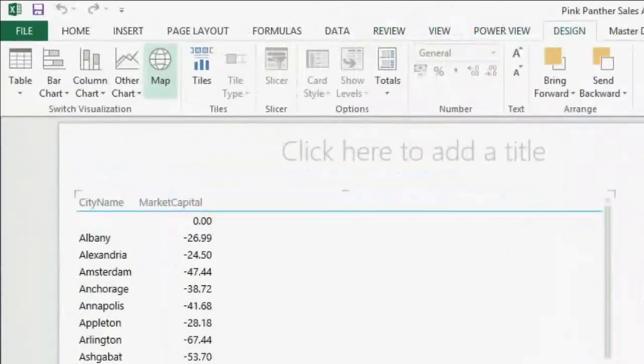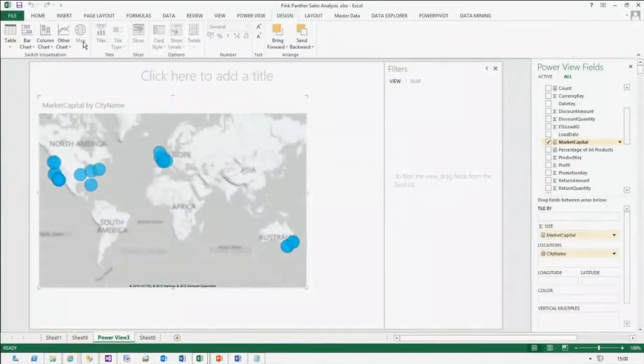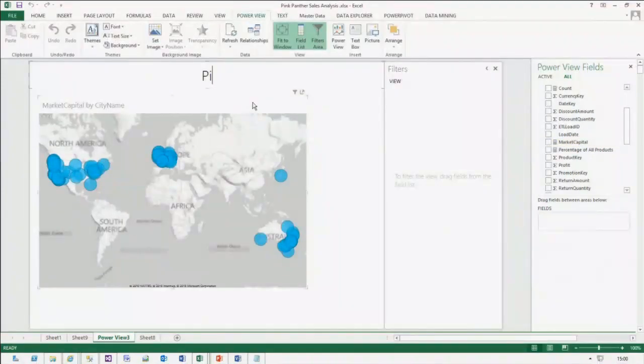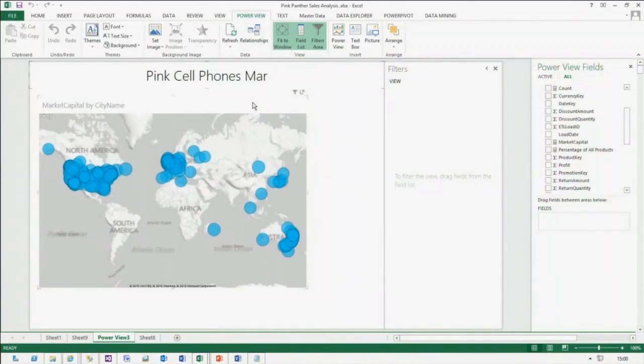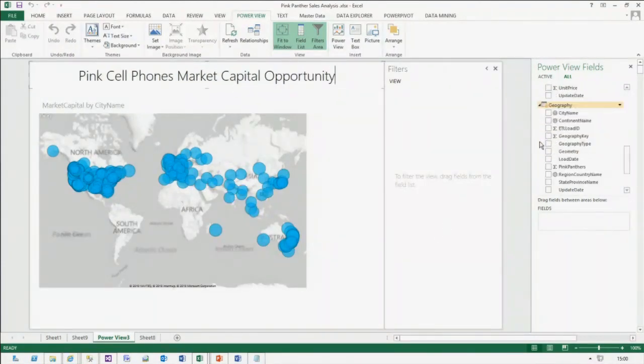If it's geographical information, you can visualize this as a map. So I'm going to load this up as a map here, and this is quite a bit of data for me to analyze, so I'm going to apply some filters. Let me go into the geography table.